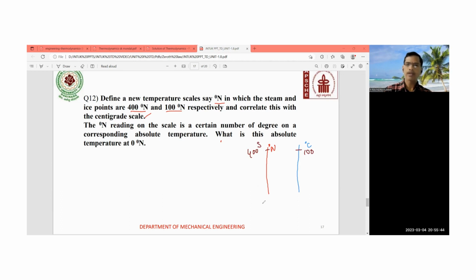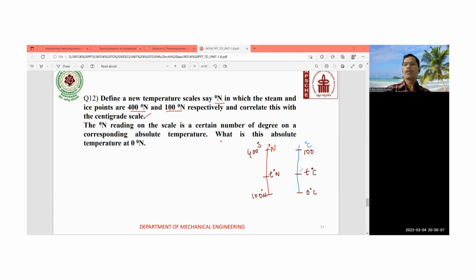The other one is the ice point, which in this case is given as 100 degree n, and here it is given as 0 degree centigrade. Now your aim is this is T degree n, and corresponding to this one, this is T degree centigrade.